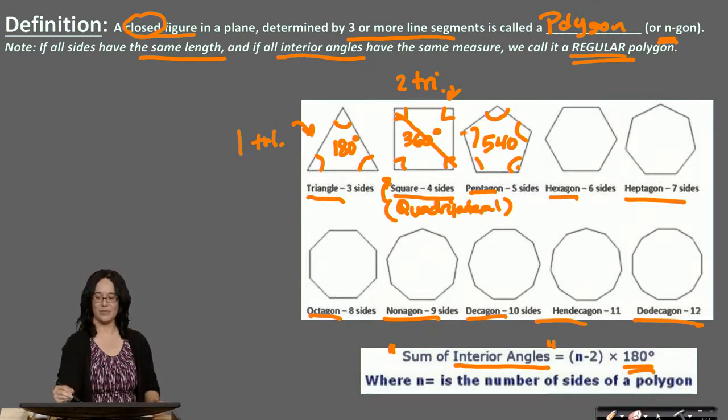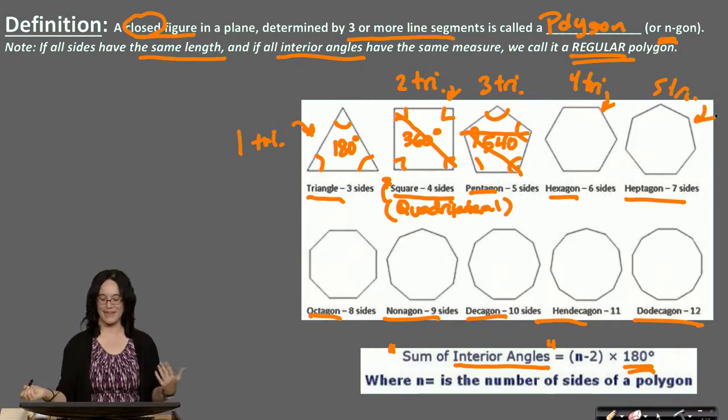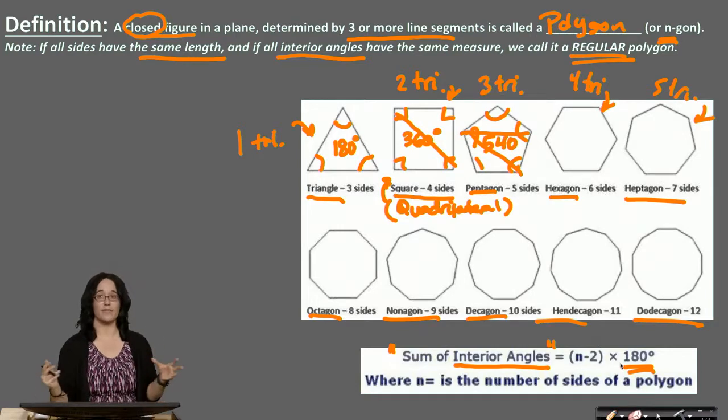And you could cut this into 3 triangles, 4 triangles, 5 triangles. I encourage you to try it on your own. It's kind of fun. What you notice is the number of triangles contained within each polygon will always be 2 less than the n value. The n value is how many interior angles the polygon has. So in the case of a triangle, you did 3 minus 2.